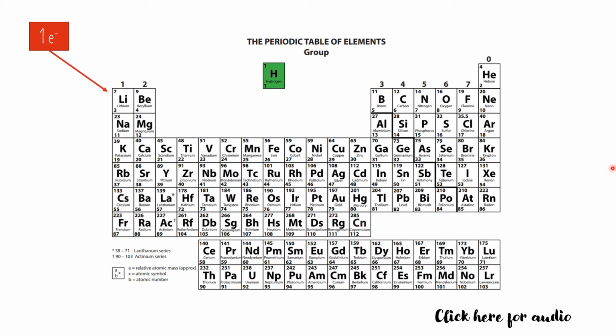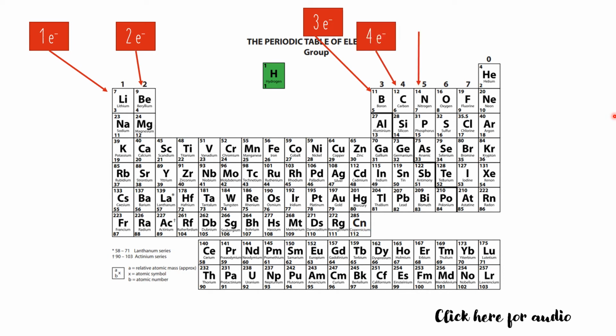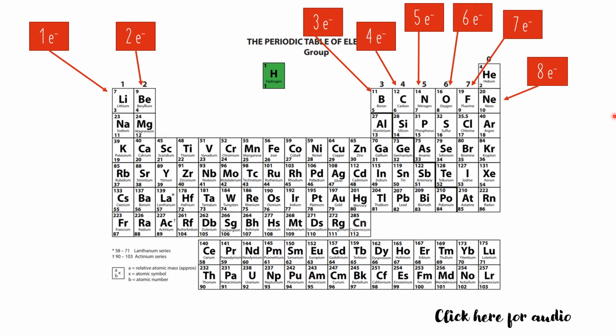So we have 1 electron in group 1. For group 2 then, because it's group 2, they should have 2 electrons in their outer shell. For group 3, 3 electrons. For group 4, 4 electrons in their outer shell. Group 5, 5 electrons. Group 6, 6 electrons. Group 7, 7 electrons.